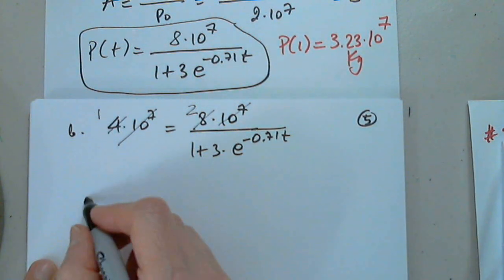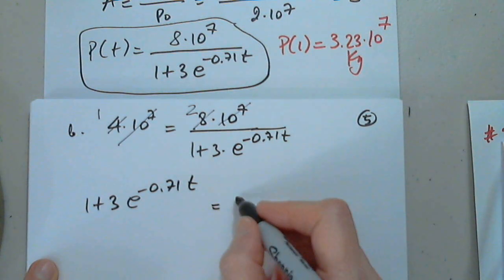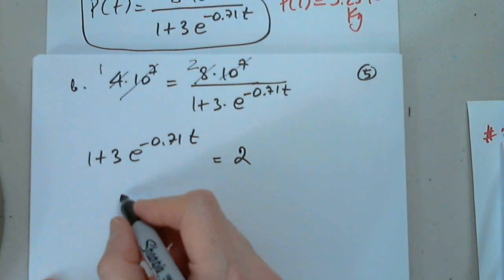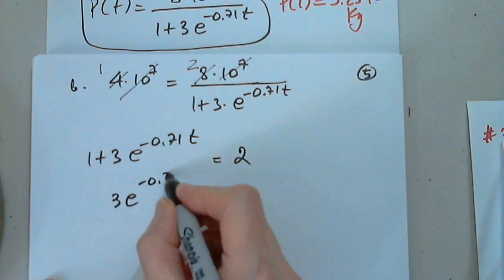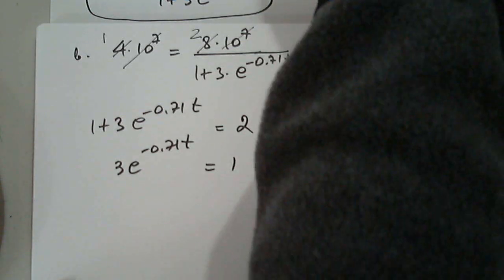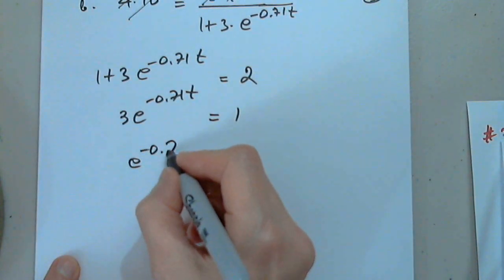I'll cross multiply. 1 plus 3 e to negative 0.71 t equals 2. Subtract 1 from both sides. So I have 3 e to negative 0.71 t equals 1. Divide both sides by 3 and apply natural log.